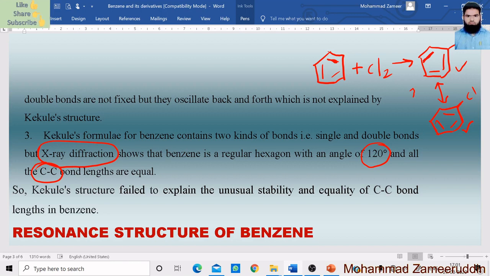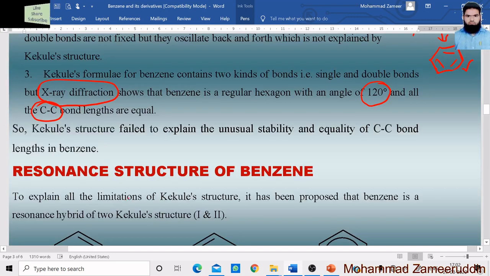So उसके लिए उसमें कुछ ऑब्जेक्शन थे जिसको बाद में सॉल्व करने के लिए सेकंड कंसेप्ट आया, that is the resonance structure of benzene. So Kekule's structure failed to explain the unusual stability and equality of C-C bond length in benzene.